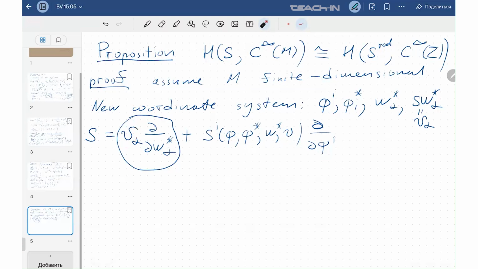But in contrast to the naive example which we had, now the coefficients of this vector field in this coordinate system still depend on w star and v.